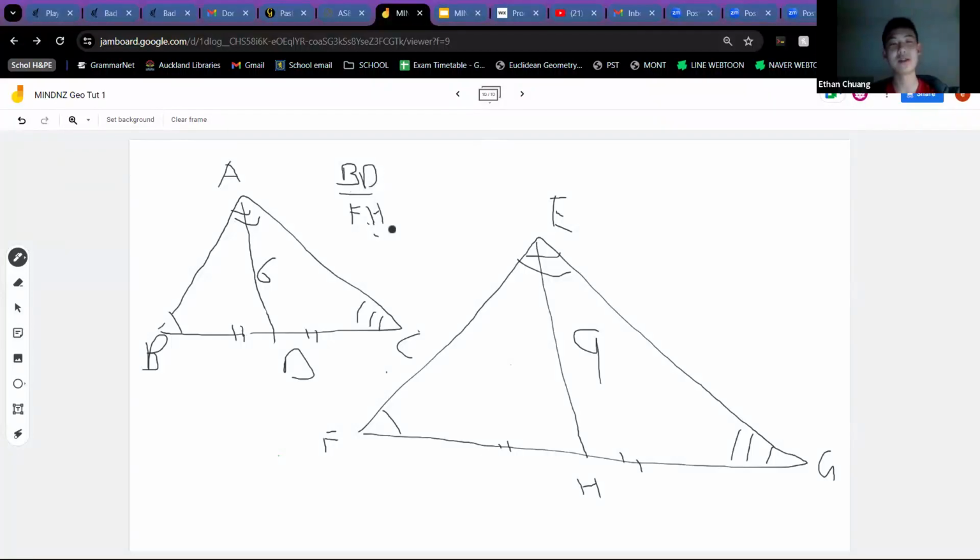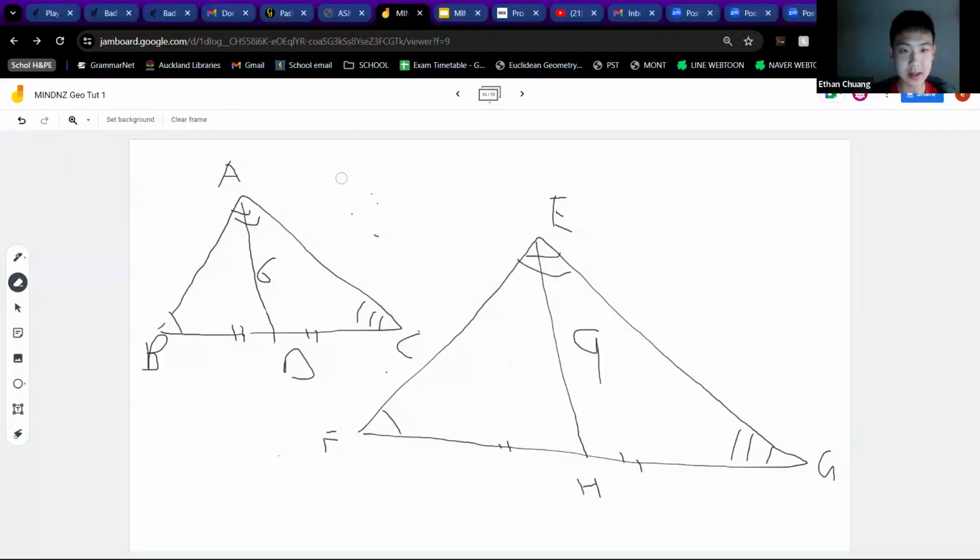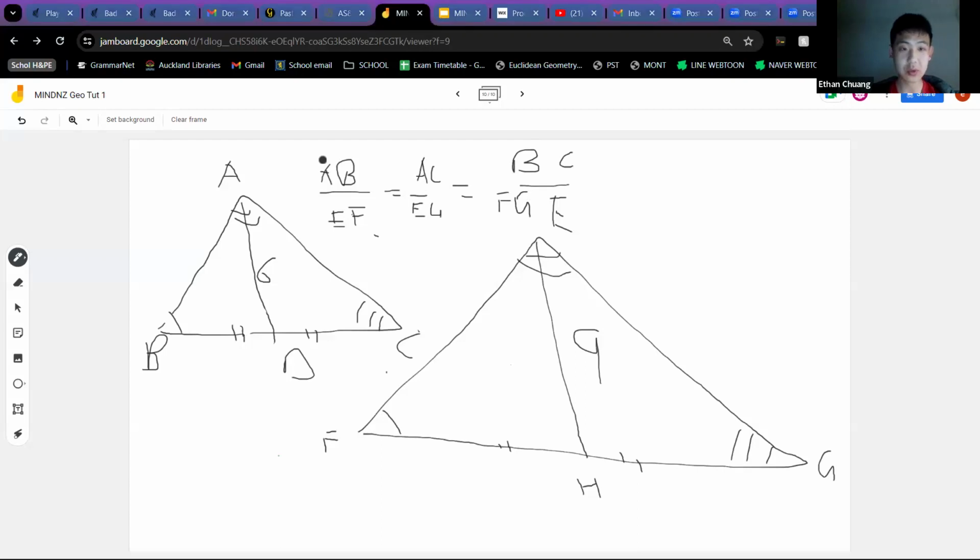So we know that the triangles are similar, right? So the information that gives us is that AB over EF equals AC over EG equals BC over FG, right? Is everyone following along so far? That's a true statement, right? So we also know that BC is equal to 2BD, right?